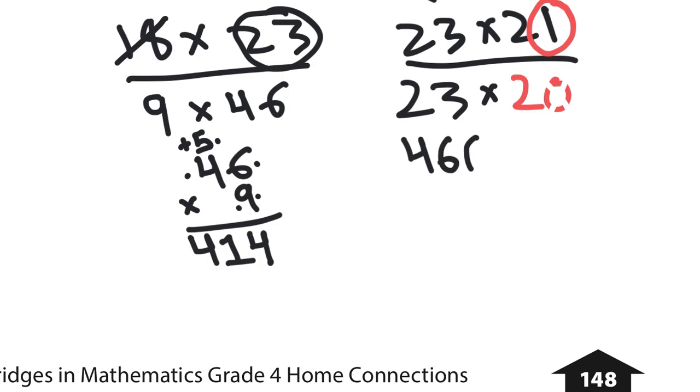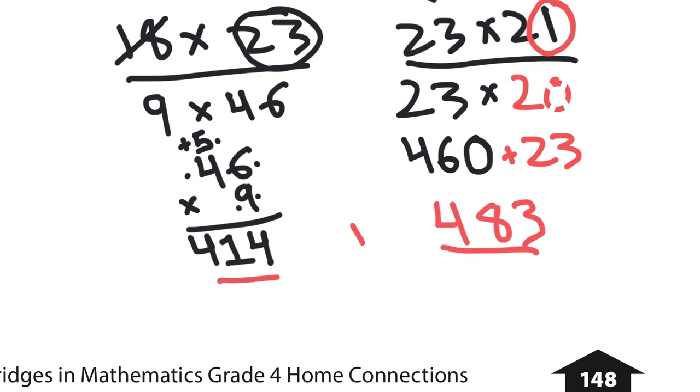And then I can add the 0 back on. So I now know that 23 times 20 is 460. The problem is that to do that easily, I got rid of one of the 23s, so I have to make sure that I add that 23 back on. So my actual answer is 483.